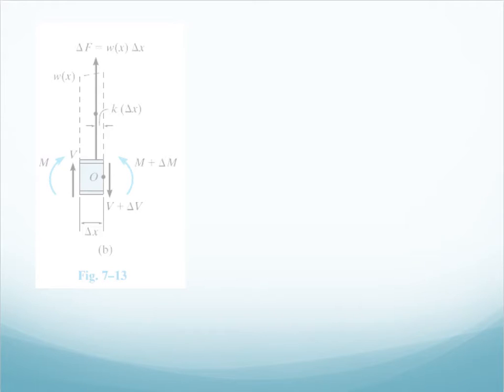Now look at what might happen to the bending moment. What effect does the distributed load have on the bending moment? So let's look at the total moments in this picture being equal to 0. We're going to do the moments about point O, which is on the right-hand side.